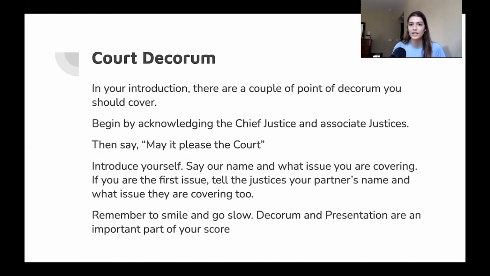One partner can introduce yourselves for both your side and your co-counsel. You'll have your names written on some sort of whiteboard or blackboard behind you or to the side of you, depending on how the room is made up. But you need to identify yourself so the justices know who they're scoring when they write up score sheets. And at this time, you can ask the justices respectfully who will be performing the task of Chief Justice in that round.